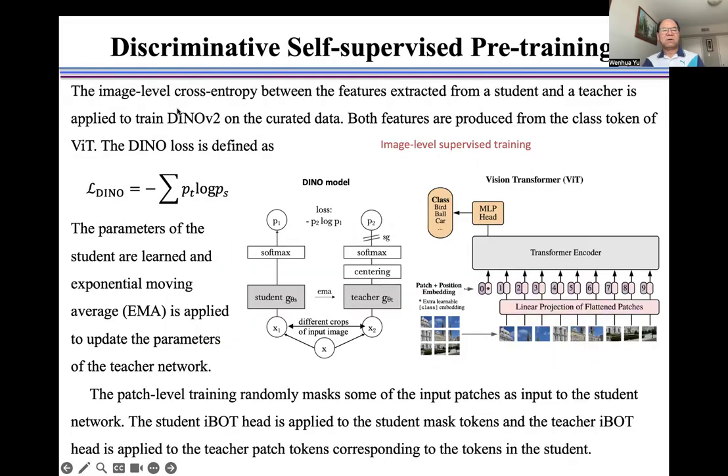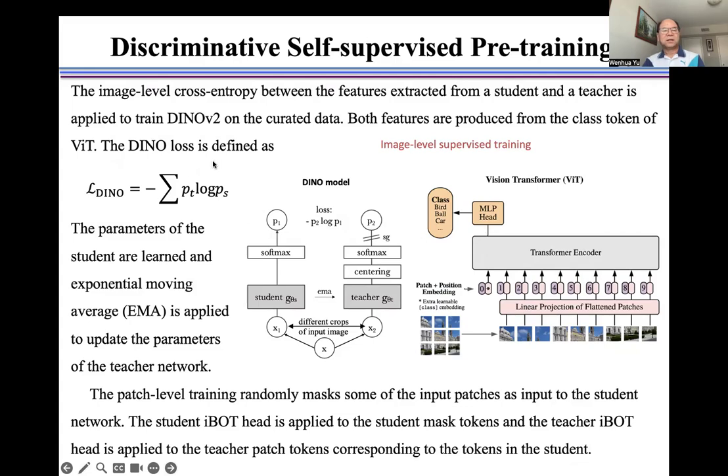The image-level cross-entropy between the features extracted from a student and teacher network is applied to train DINOv2 on the created data. Both features are produced from the class token of a vision transformer, as shown here.